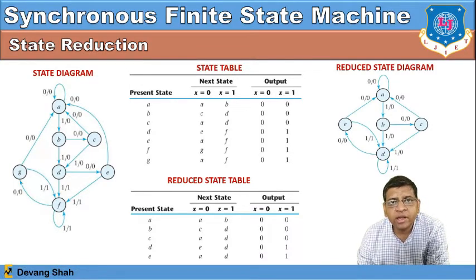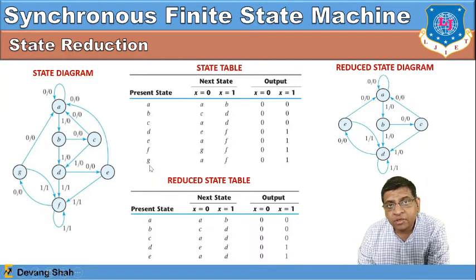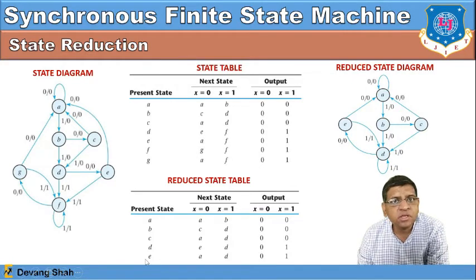Now what exactly is the meaning of this? See, in the first state table you have 1, 2, 3, 4, 5, 6 and 7, a total of 7 states. But after this reduction you have only 5 states. If it is 5 states, you have reduced the number of flip-flops, logic gates and wires.